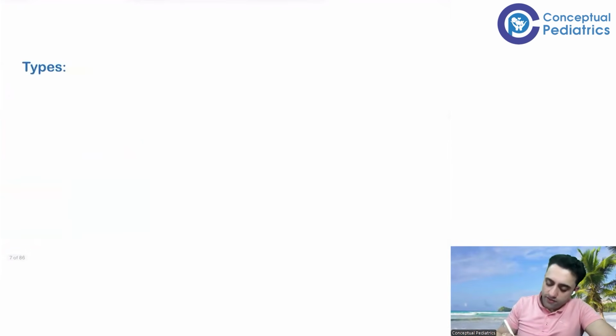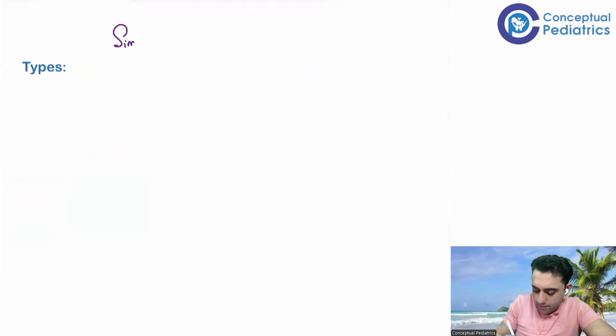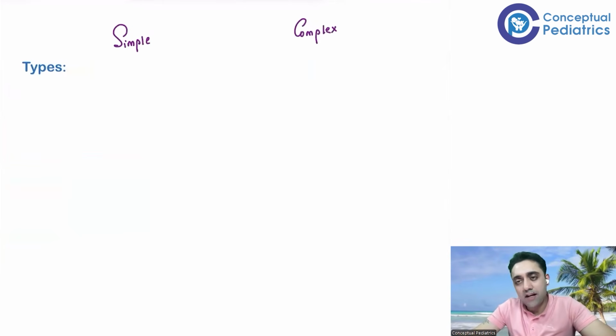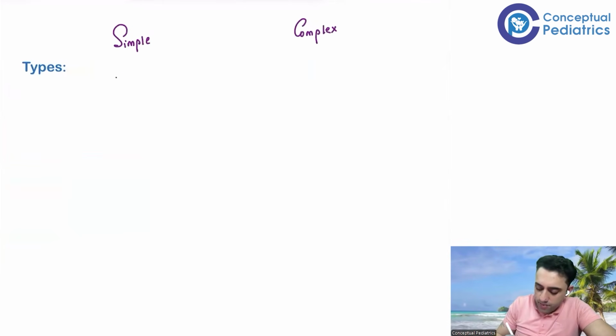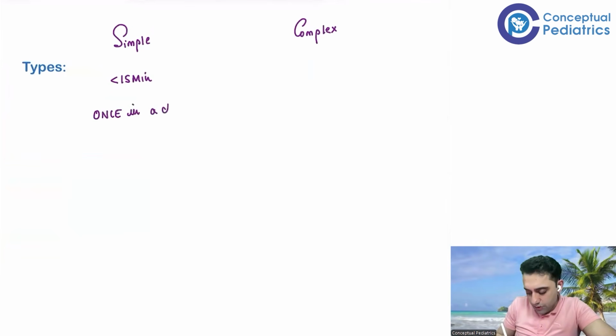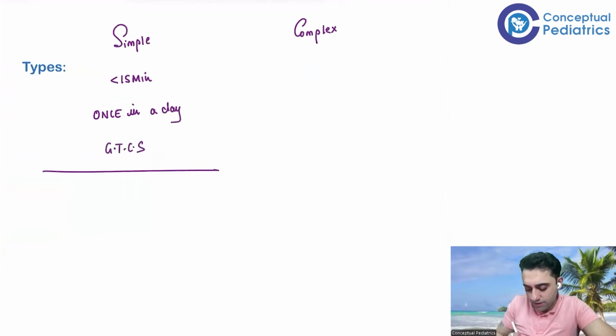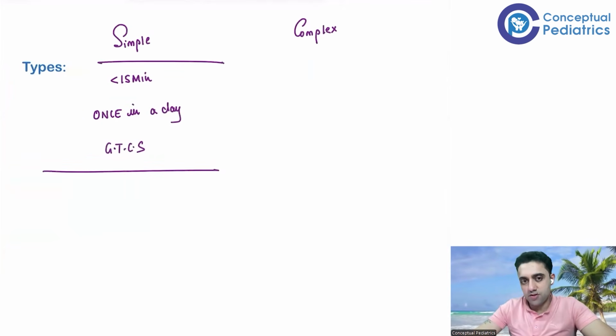Now, what are the various types of febrile seizures? We have simple febrile seizure and complex febrile seizure. Simple febrile seizure happens for less than 15 minutes, happens once in a day, and is usually a generalized tonic-clonic seizure.